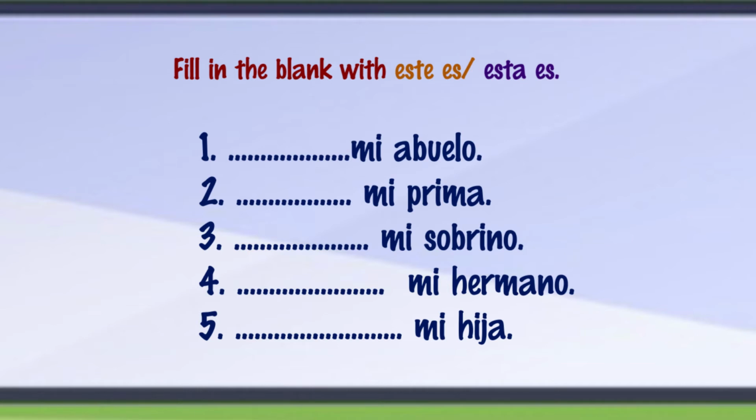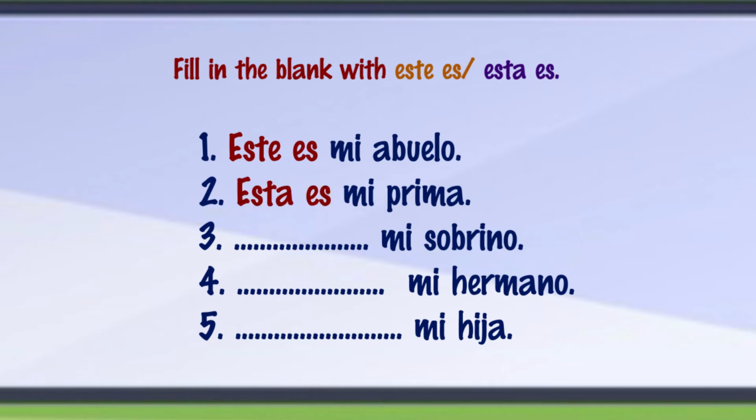These are the answers. The first one is este es. If you have that, you are correct because mi abuelo is my grandfather and that is a male, so you have to use este es. Mi prima, esta es.